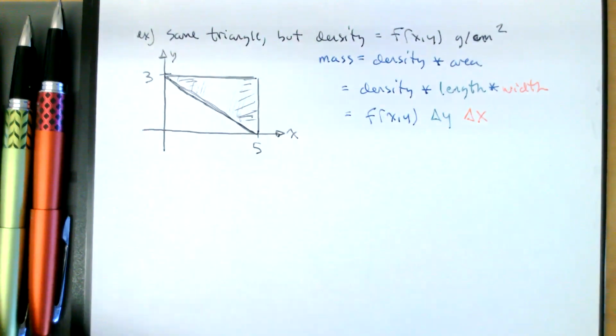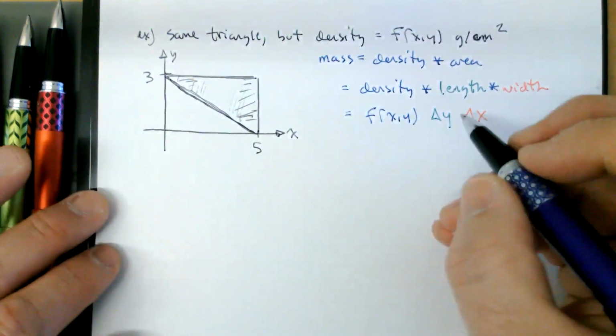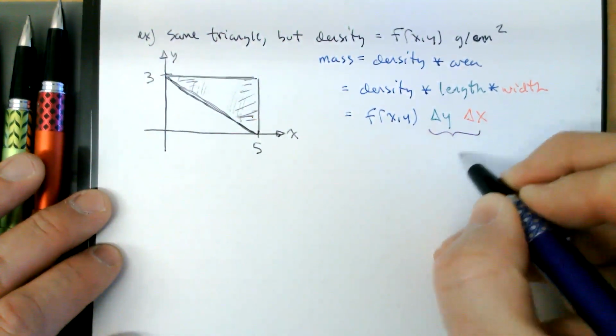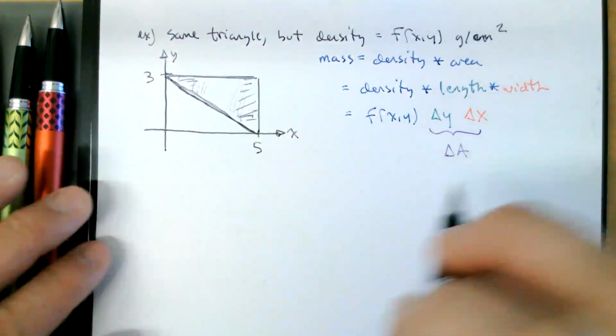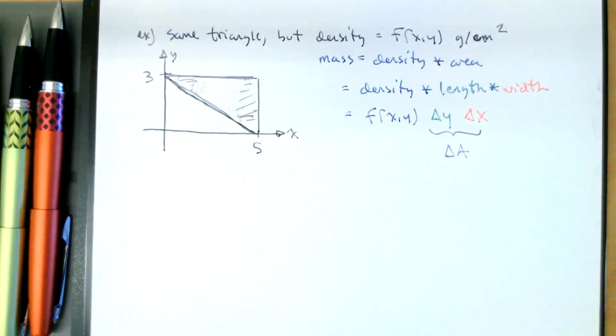And together, these two will combine to make the delta A. We can also set this up as an f of x, y, delta x, delta y.